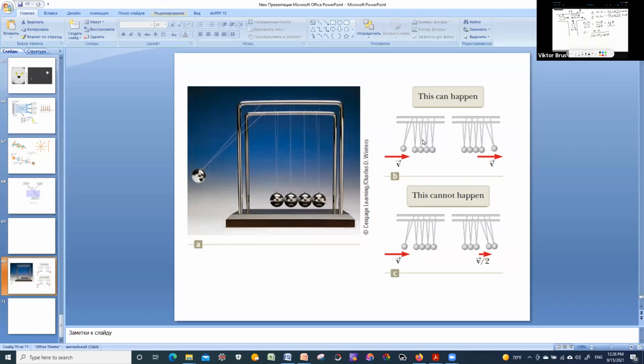Once it hits the stack of balls, linear momentum is transferred to the final ball from the other side, so it is moving with the same velocity. They have equal masses, and it continues going back and forth several times until it stops because of friction.